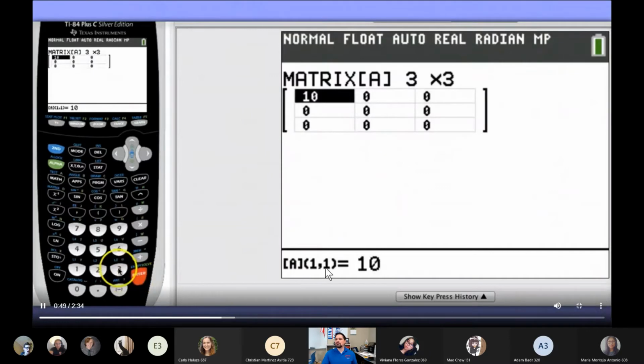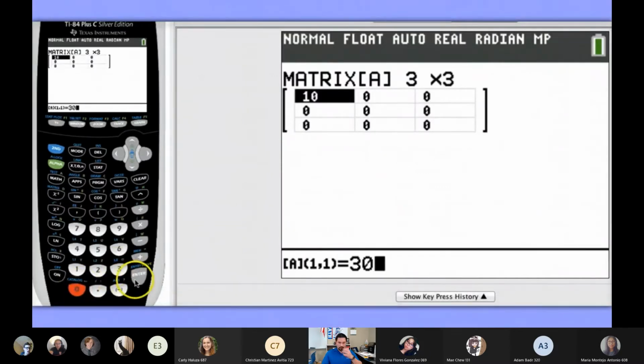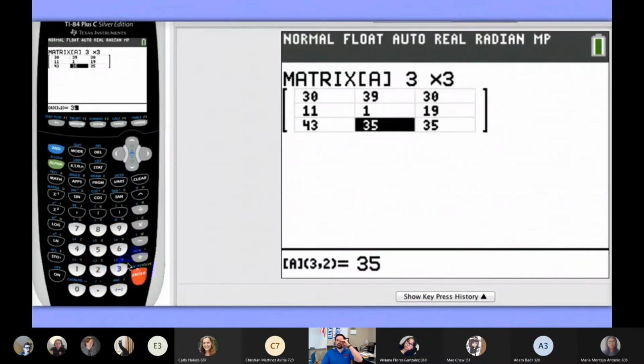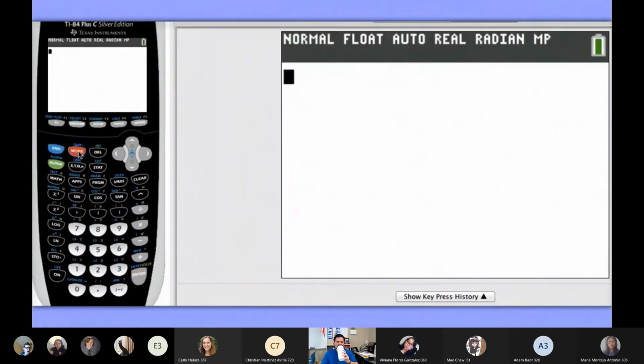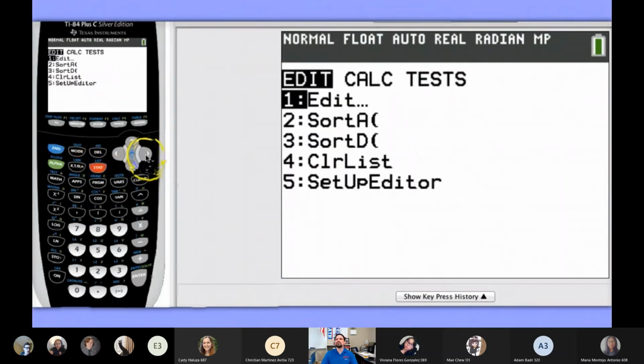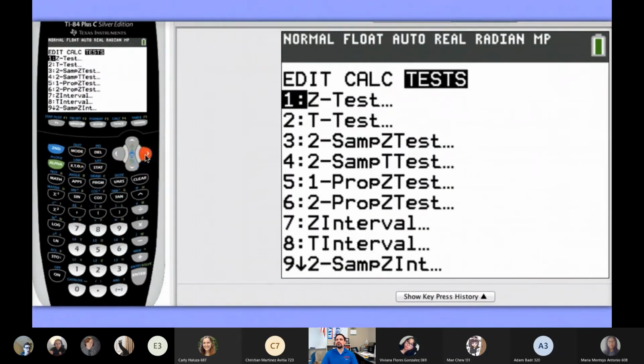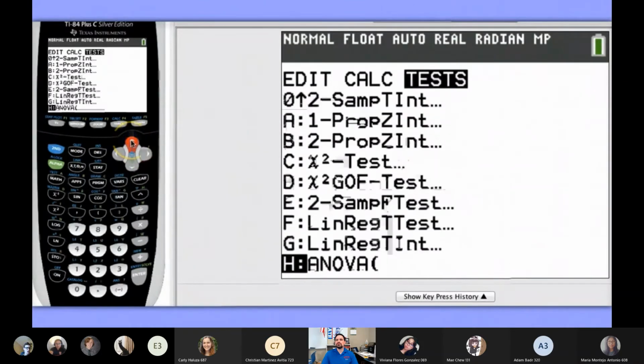And now we can fill in our matrix. Now that our data is entered, we're ready to run the test. Hit second mode to get back to the home screen. Then hit stat, go over to tests, and scroll to find chi-squared test. I'm going to hit the up arrow since I know chi-squared test is near the bottom.